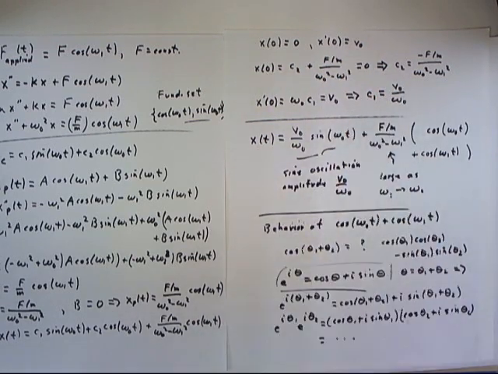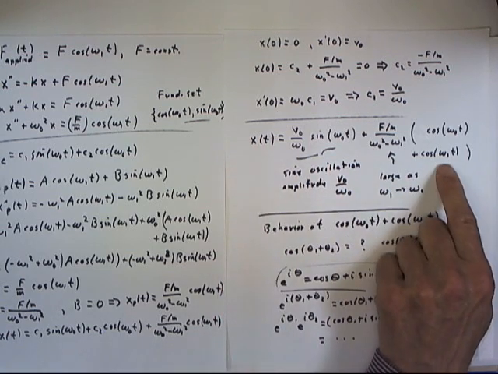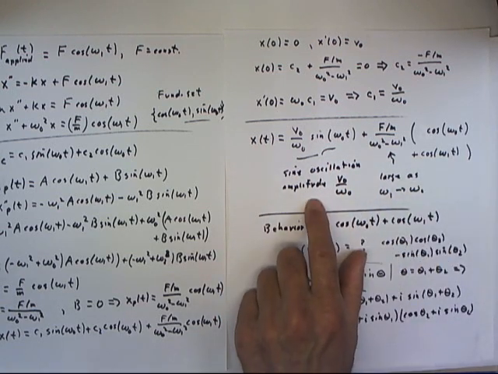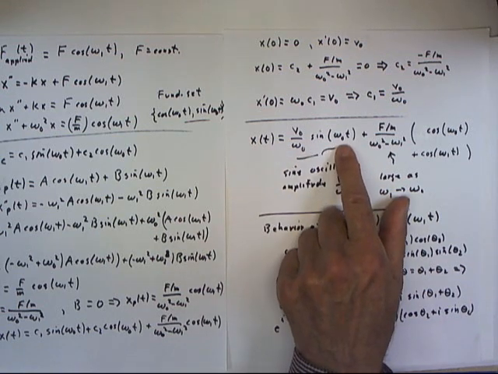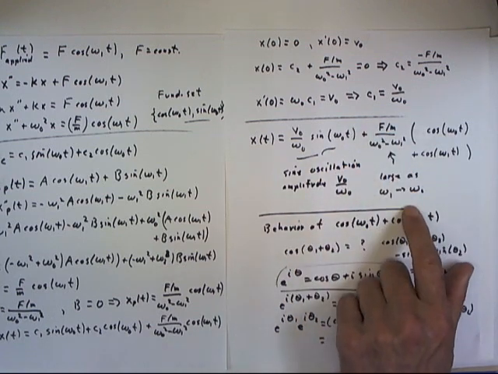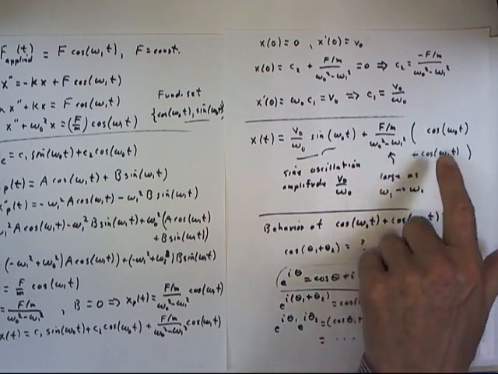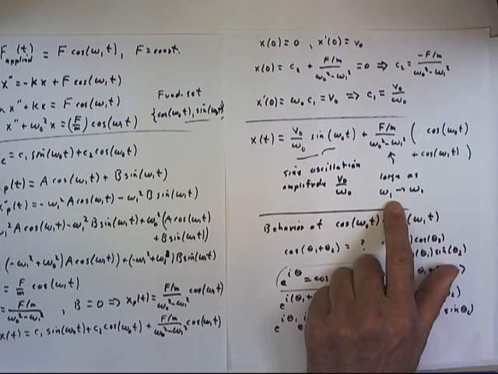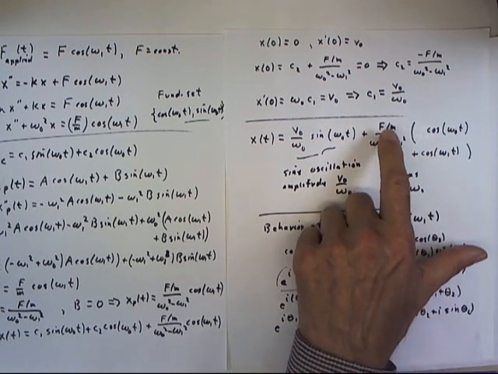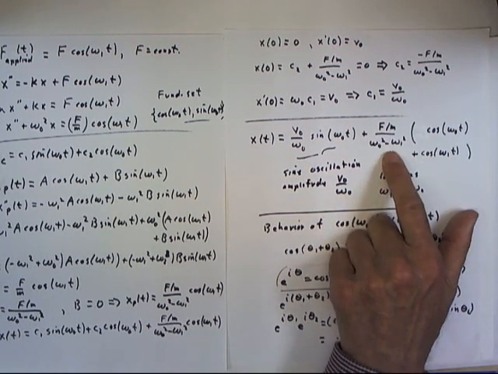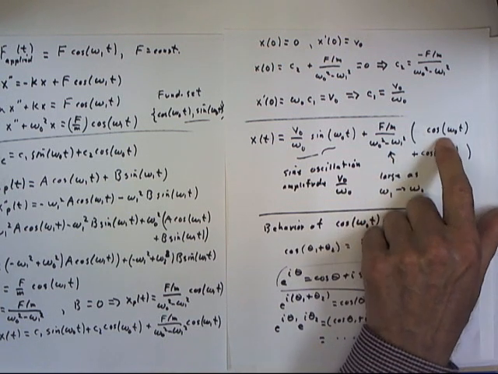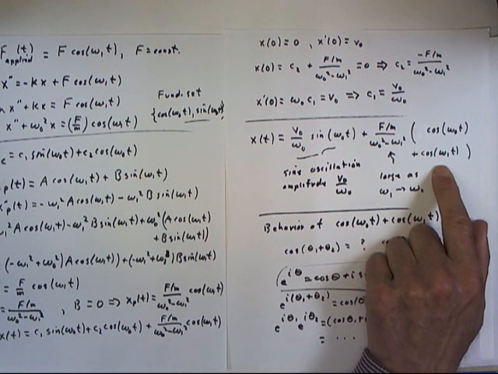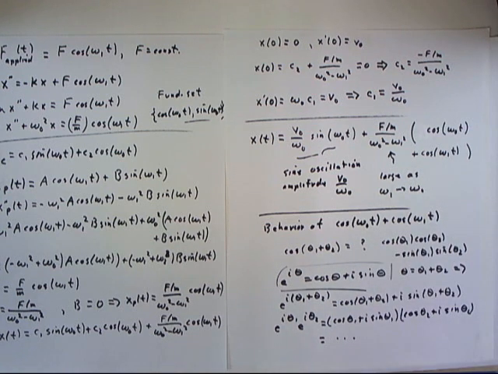Doing some straightforward calculations, we obtain this solution where we have a sine oscillation with a certain amplitude and frequency equal to the natural frequency of the oscillator, superimposed on a part of the solution that has an amplitude that gets larger as omega naught and omega 1 get closer, and is some combination of the cosine of omega naught and cosine of omega 1 functions.